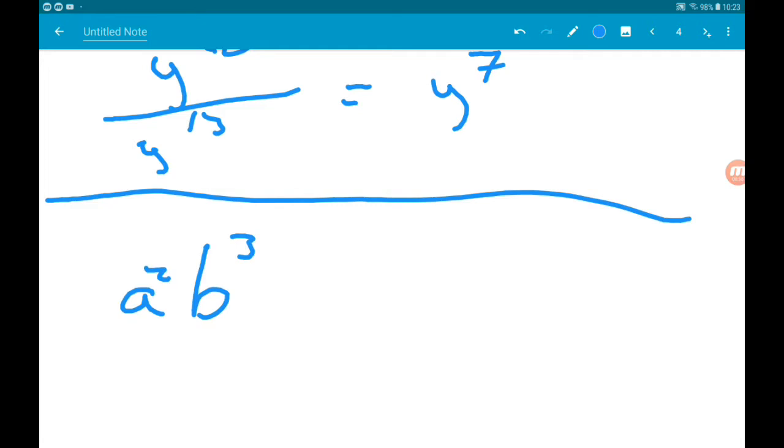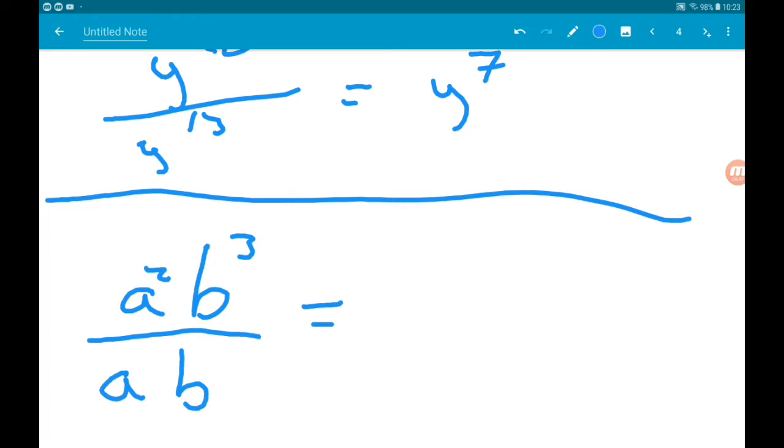What about if we then had that over ab? When you're playing around with indices, again, you can only combine terms with the same base. So a's can only affect a's, b's can only affect b's.